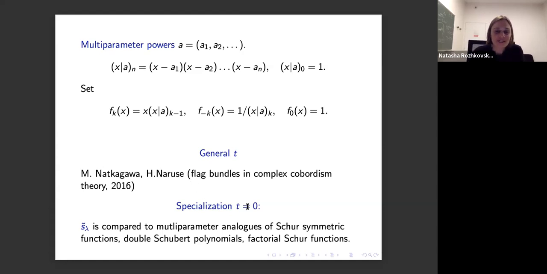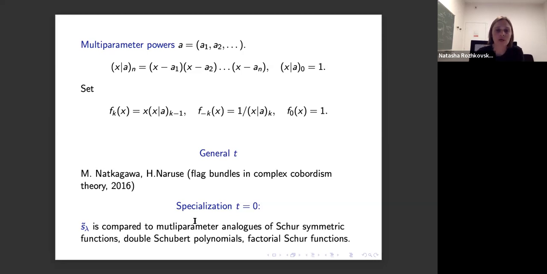And if we take the specialization t equals 0, we will get some kind of multi-parameter analog of the Schur symmetric function. The situation here is that there are many different multi-parameter analogs of the Schur symmetric function, where instead of x to the power k, you look at this kind of parameter, and they have different properties.